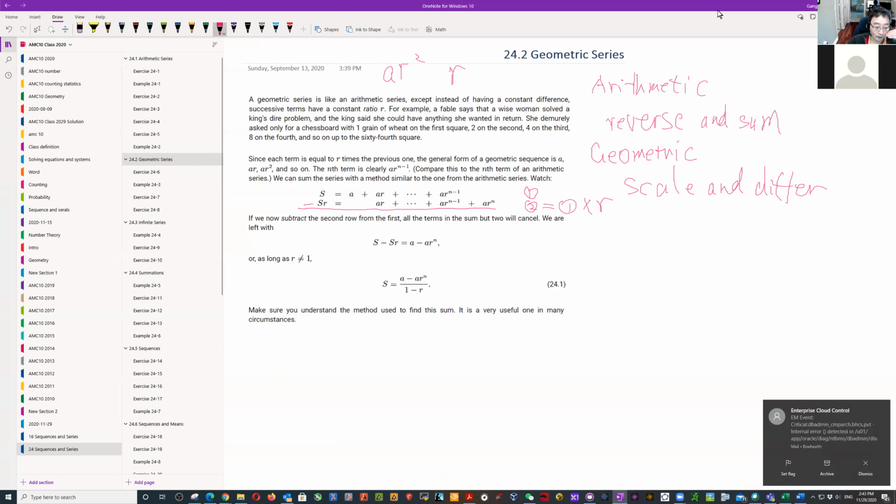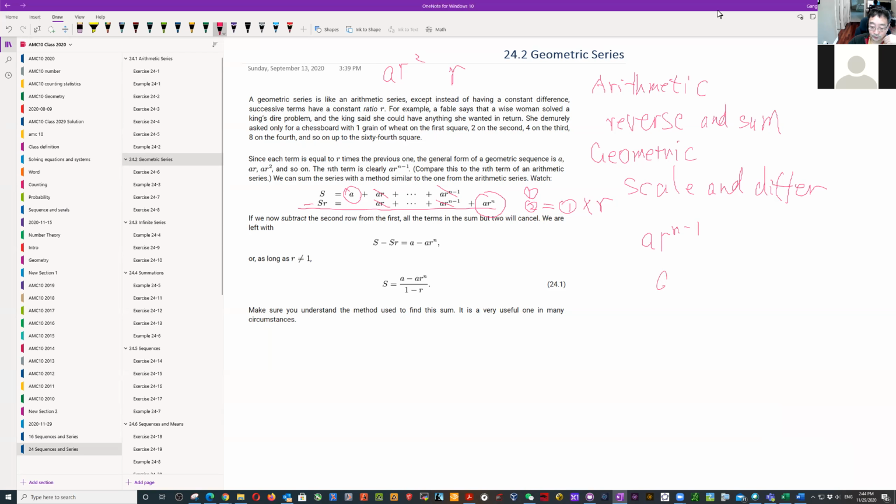Then you will see that the left side becomes S minus SR. On the right side, the terms cancel all the way, and the only ones left are the head term minus the tail term multiplied by R. The tail term is A R to the n minus 1, and the tail term multiplied by R is A R to the n. So this becomes the equation for the difference of scale and difference.